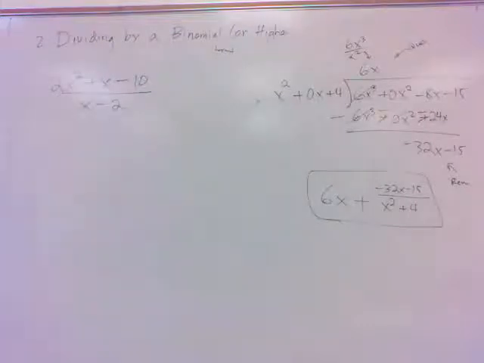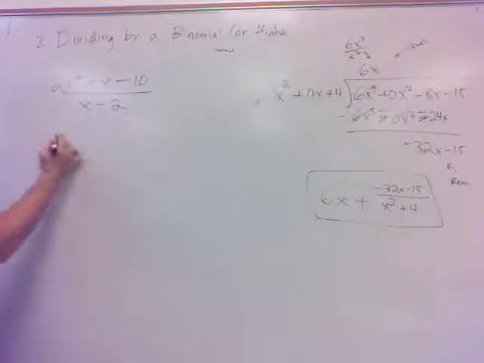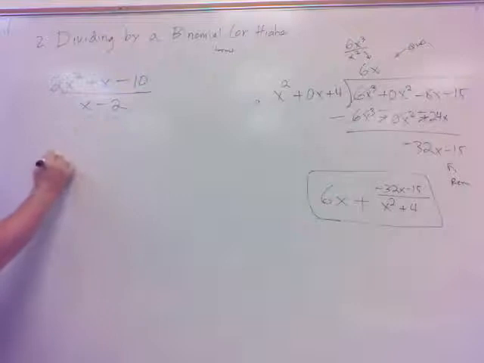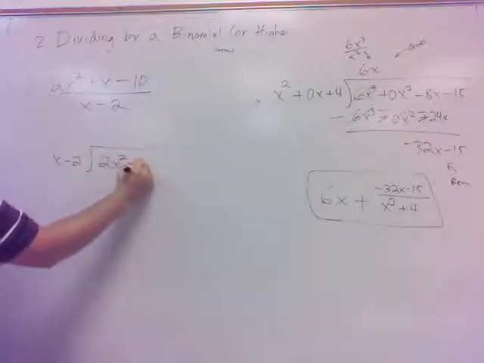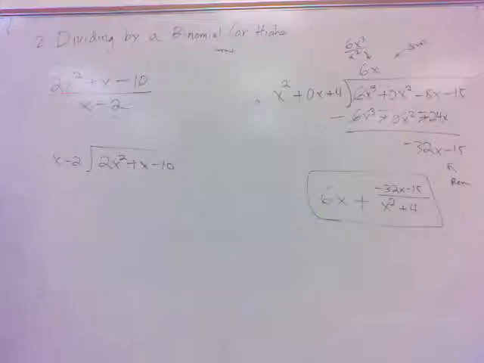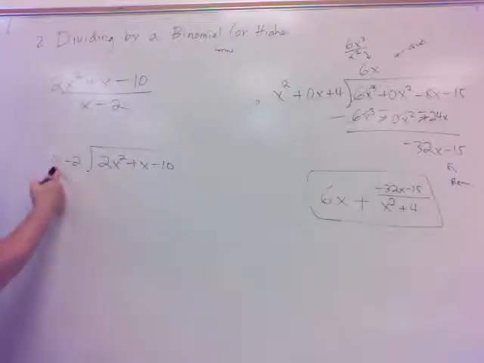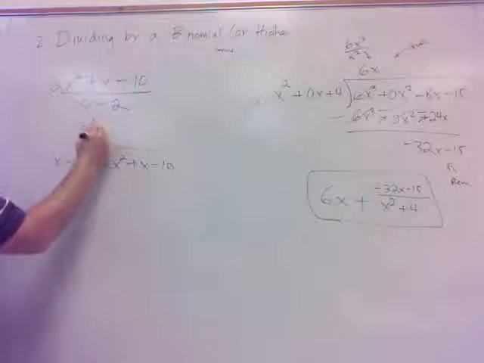Just to make a quick point or two about this. If I do that long division, what happens is this. I go 2x squared divided by x. That's 2x, isn't it?